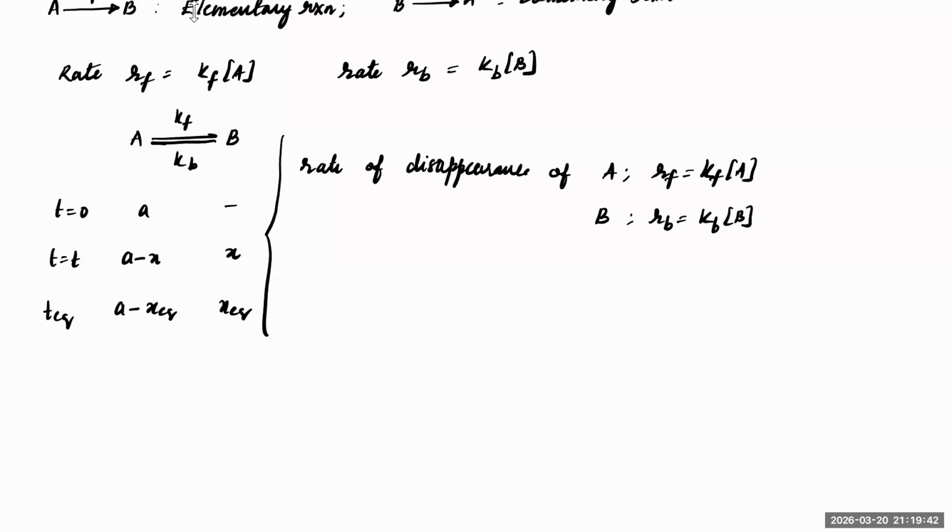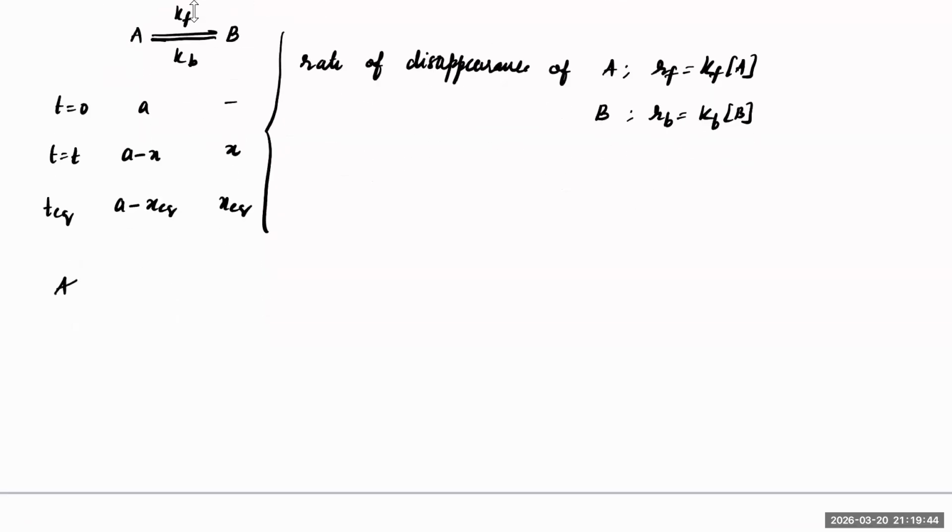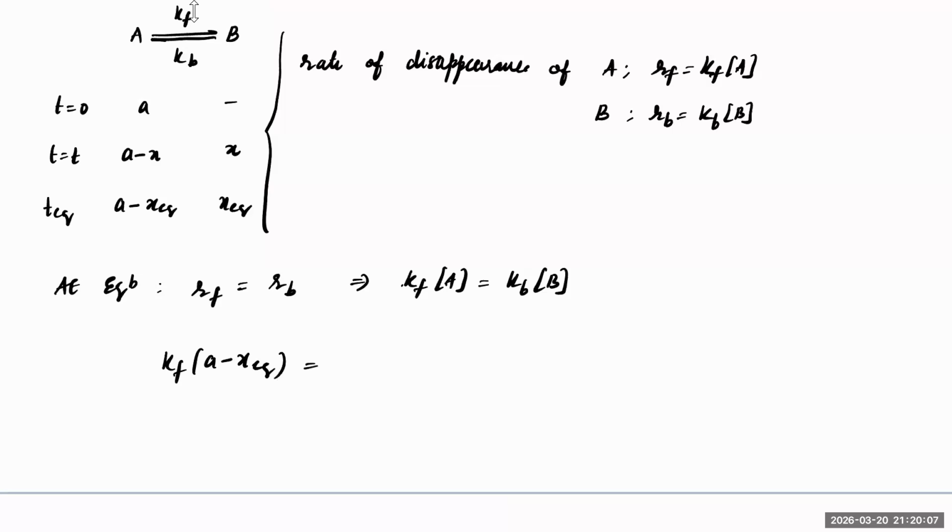Now you know that at equilibrium, rate of forward direction is equal to rate of backward direction. So which implies Kf into concentration of A is equal to Kb into concentration of B. So you know that Kf into concentration of A is A minus x eq, and Kb into this is x eq.